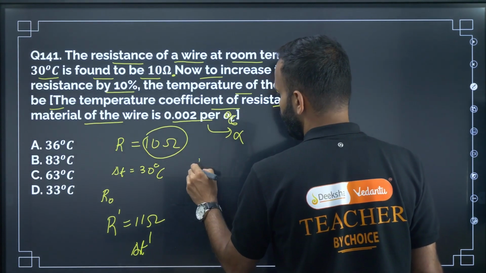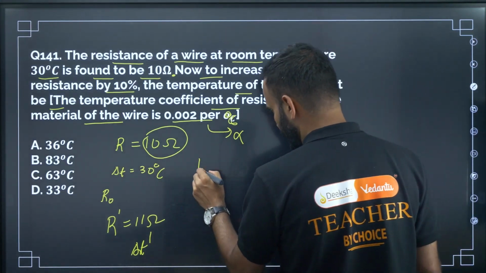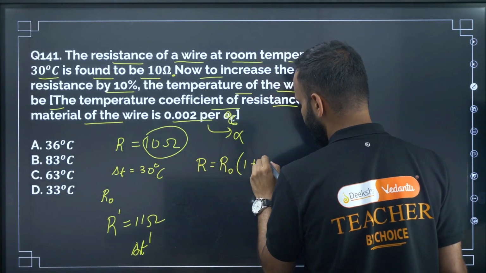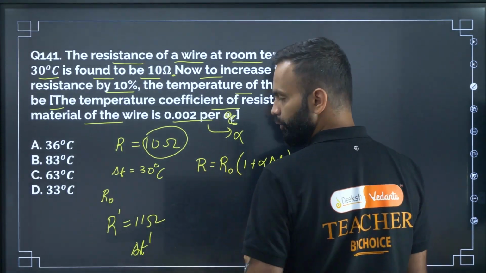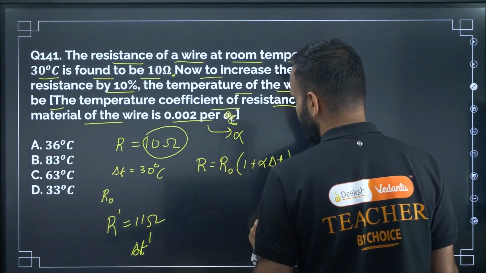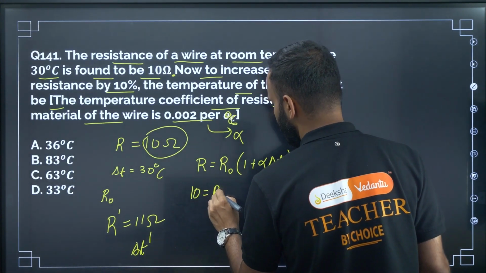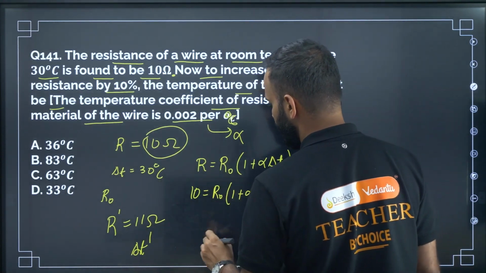Now we know the formula for temperature dependence of resistance, that is R equal to R naught into 1 plus alpha into delta T. Here R equal to 10 ohm, so 10 is equal to R naught into 1 plus alpha into delta T.